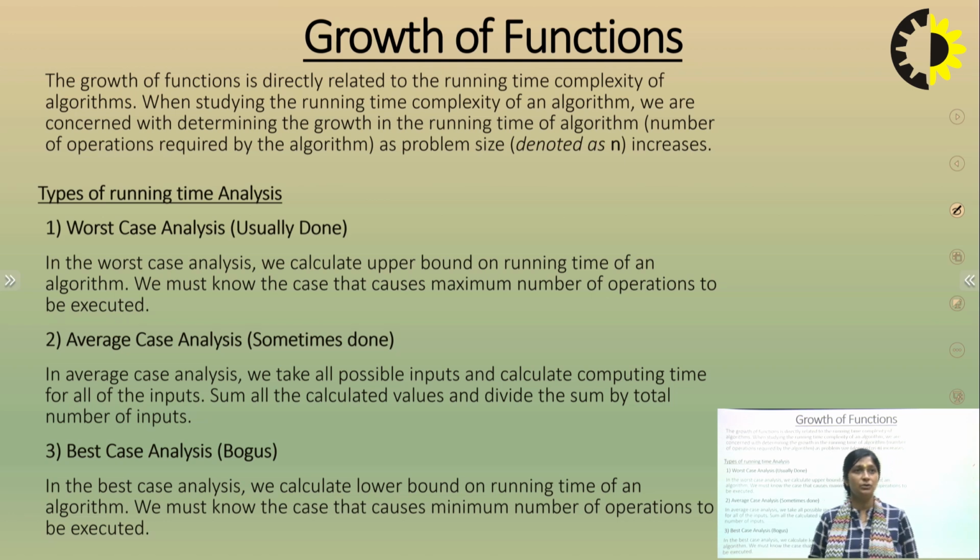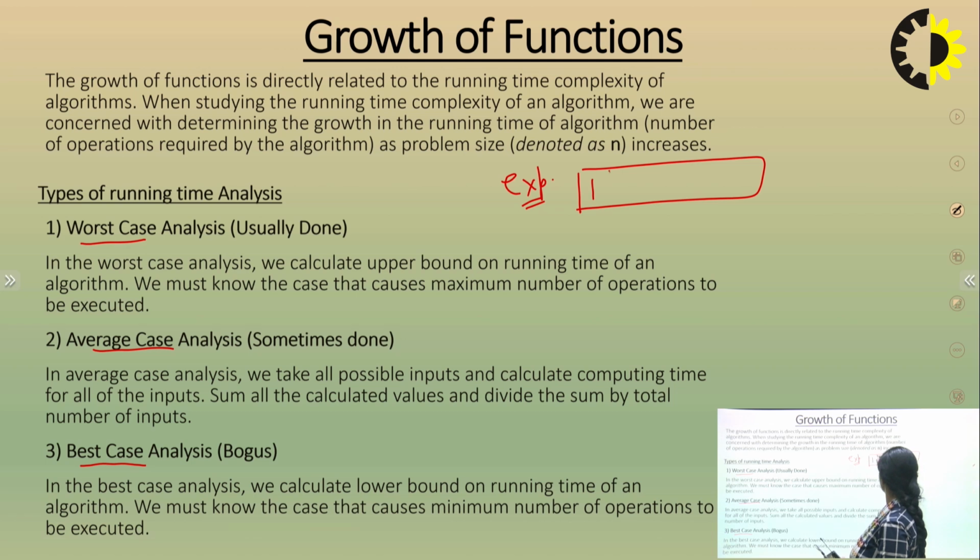For that, you need to understand the growth of function. There are three cases when you find the complexity, or there are some types of running time analysis. First is worst case, second is average case, and third is best case. I'm going to take an example of array. Suppose you have an array 1, 2, 4, 9, 12, and this array is already sorted.